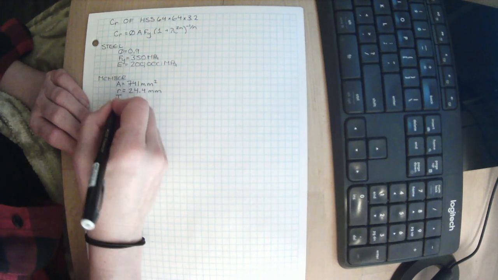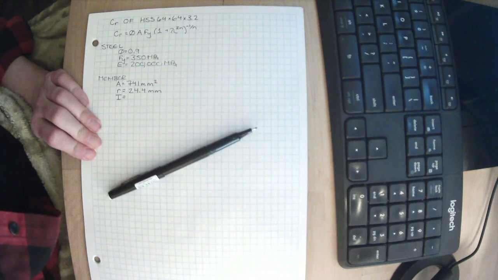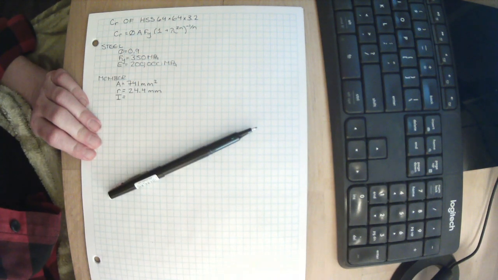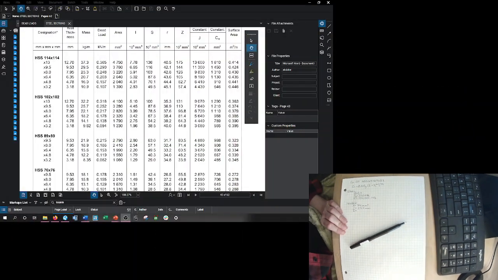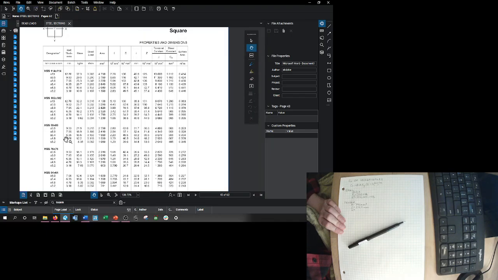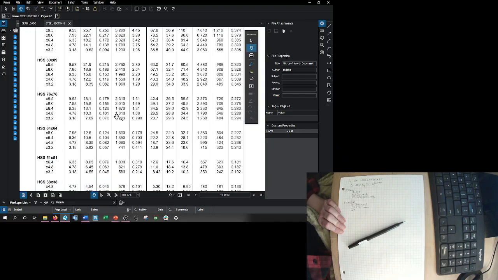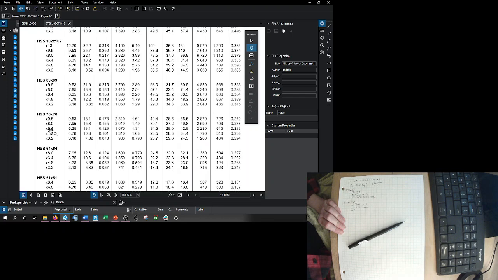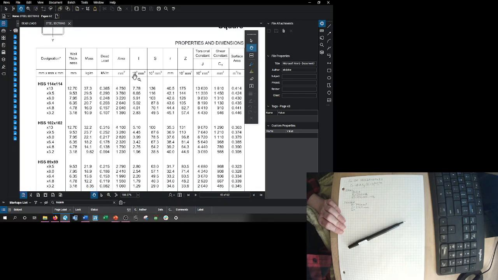We need our I. Let's go back and look at our I as well. We didn't look that up. That was my bad. So I for our 64 by 64 by 3.2 is 0.441 times 10 to the 6 millimeters to the 4th.